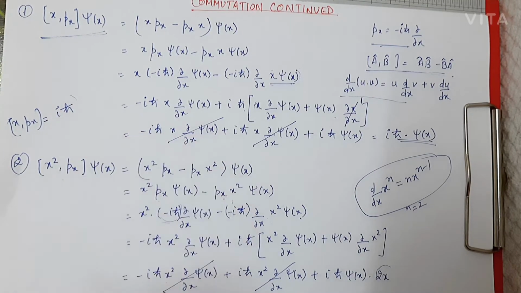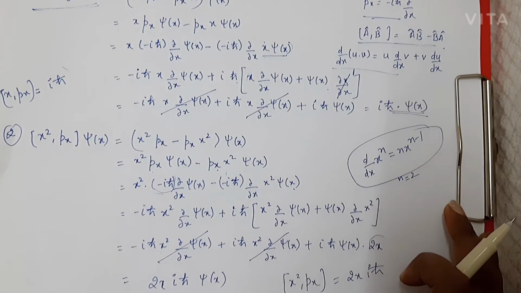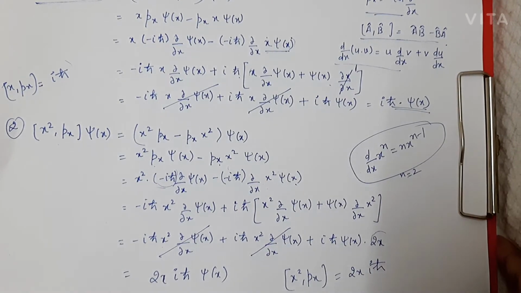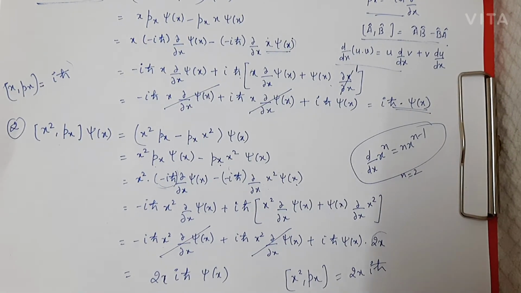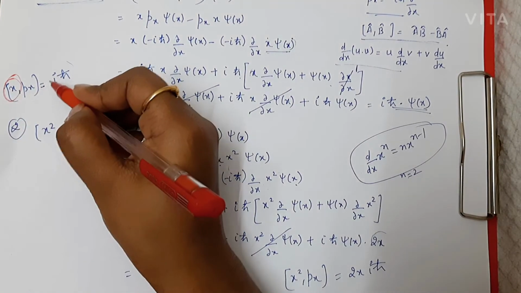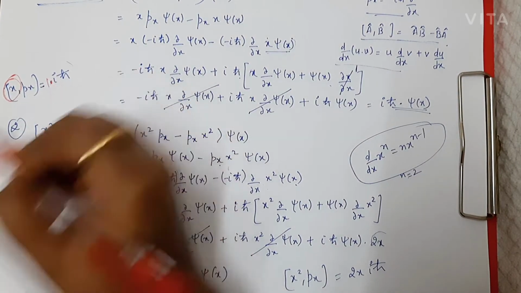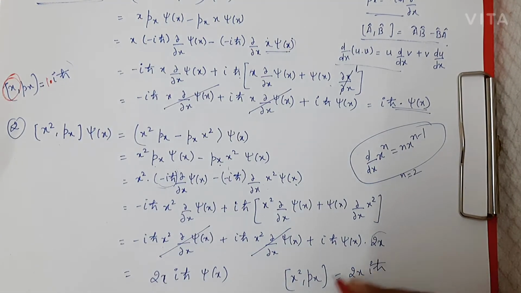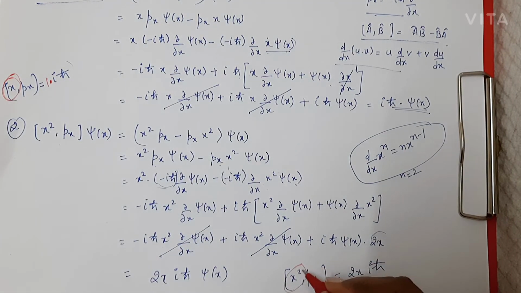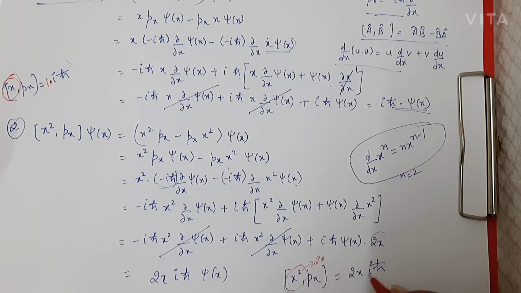So iota h cross is common in both of these cases, and when we have x, then we are getting 1, right? We can write it as 1 into iota h cross, and when we were having x square, then its differentiation, that is 2x, was multiplied by iota h cross.